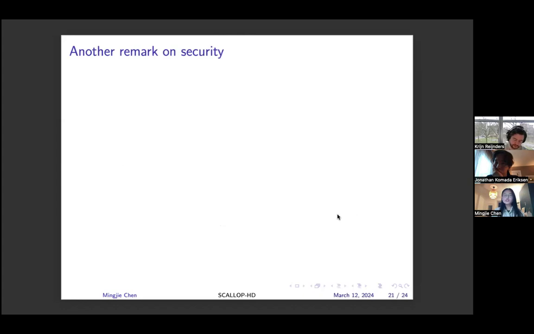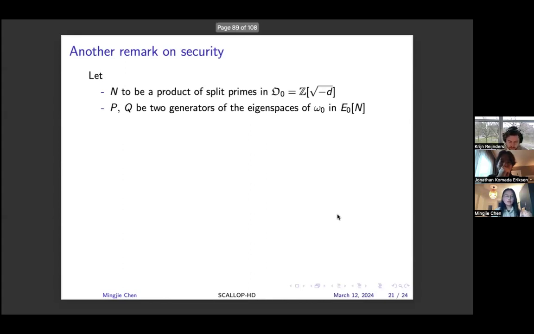Another remark, which is further discussed, is whether we actually can evaluate phi f using omega E. This is inspired by the FASTA attack paper. It goes as follows. Let N be a product of split primes in O0, and P, Q be two generators of the eigenspaces of omega 0 in the N torsion of E0. There are two independent eigenspaces because we require N to be a product of split primes.